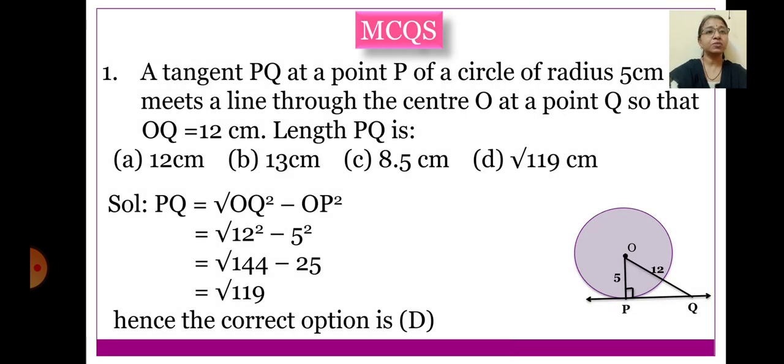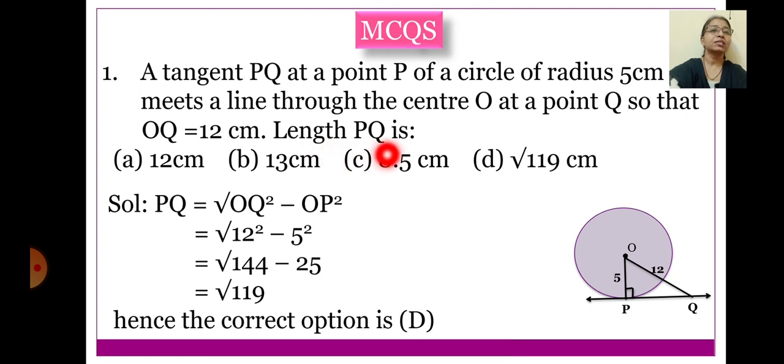Now MCQ questions. A tangent PQ at a point P of a circle of radius 5 cm meets a line through the center O at a point Q so that OQ is equal to 12 cm.